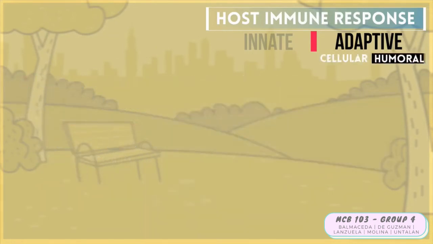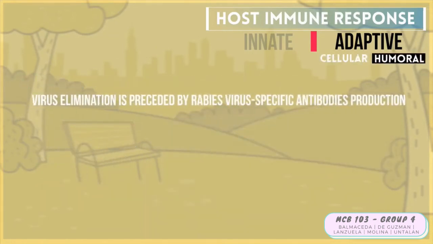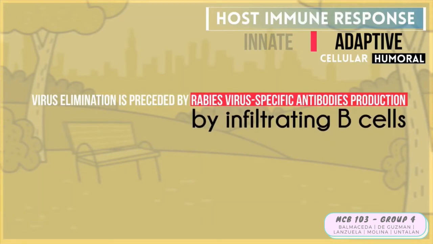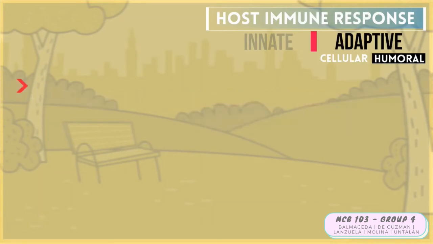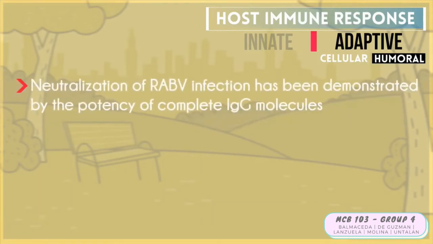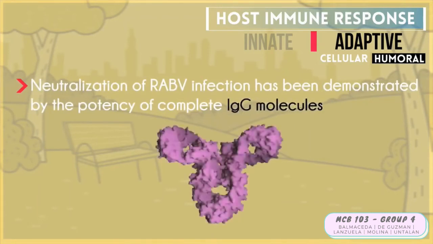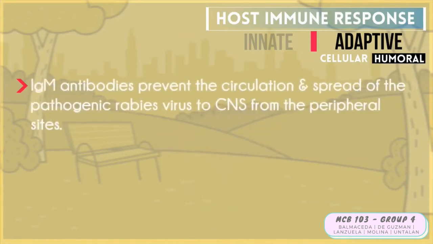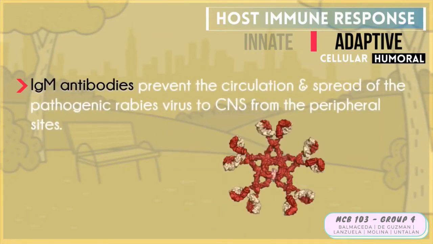The humoral immune response to virus elimination is preceded by the production of rabies virus-specific antibodies by infiltrating B cells. The neutralization of rabies virus infection has been demonstrated by the potency of complete IgG molecules. IgM antibodies, on the other hand, prevent the circulation and spread of the pathogenic rabies virus to the central nervous system from the peripheral sites.